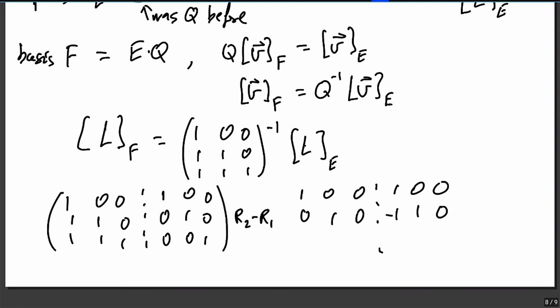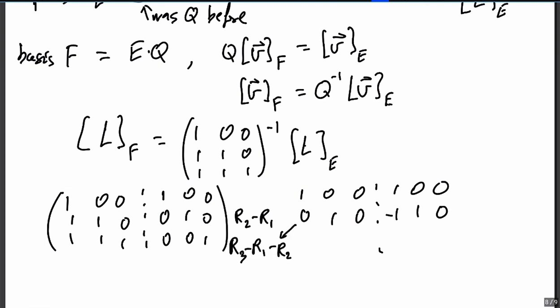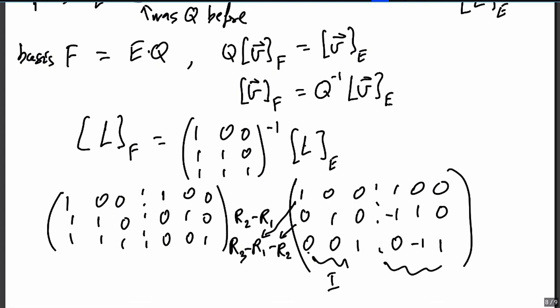Then we have to subtract from the third row the first row and the second row to get 0 0 1. So subtracting it, we get 0 here, minus 1 and 1. And this is already the identity, so this means that this is the inverse.